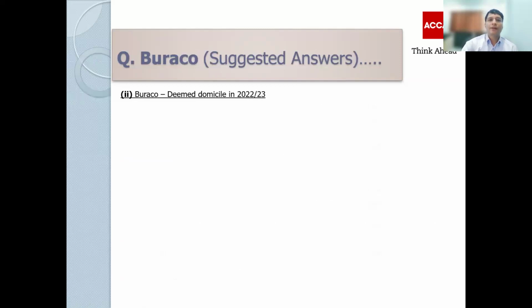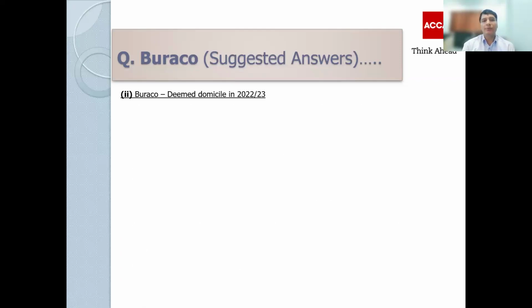Answer continued. The second bit is deemed domicile. Deemed domicile, we know. How many marks? 2 marks. We are going to put only 2, 3, maximum of 4 points. So deemed domicile is the concept of number of years of residency.